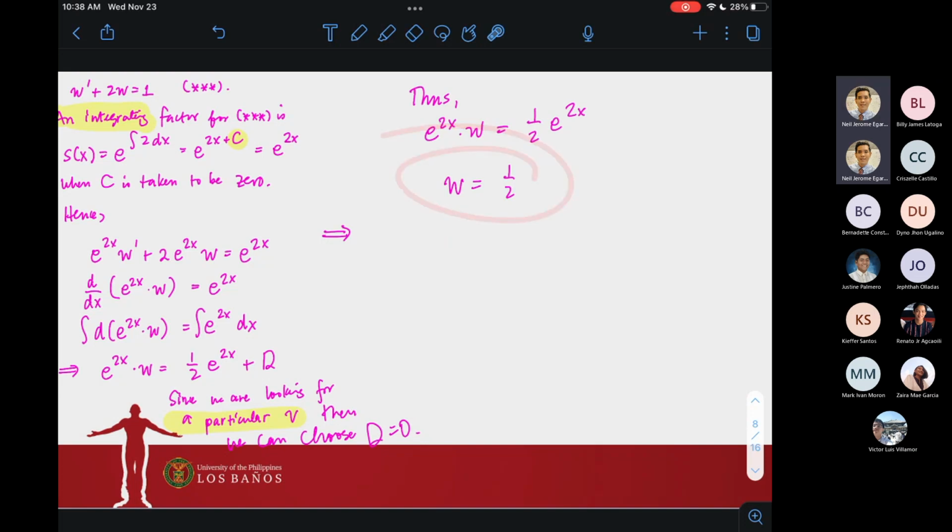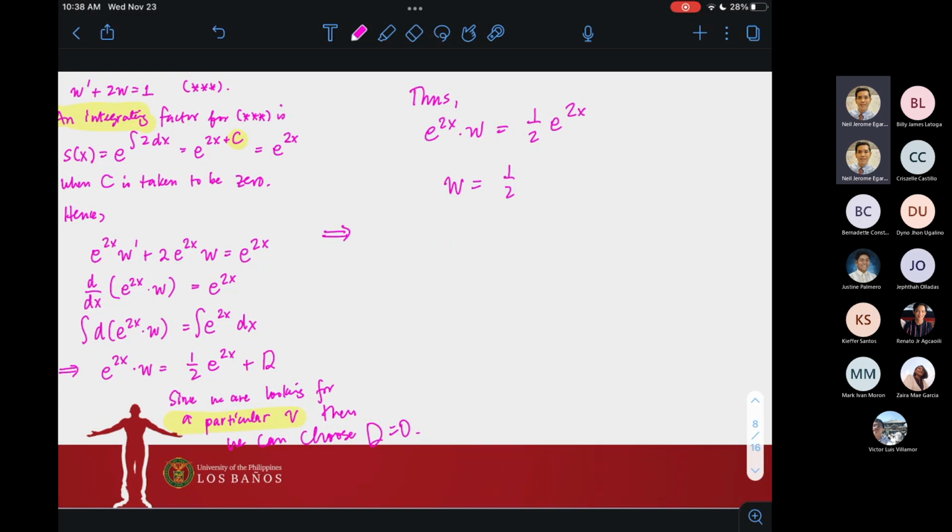Sana sinabi nyo na si w dapat ay 1/2 lang. Nagsimula na naman ako ng solution na mali. Ano? Kasi dinivide ko nga pala both sides by e to the 2x. So si w na lamang ay 1/2. Tama ba? W equals 1/2, no? Okay. Daya nyo, hindi nyo sinabi na may mali na ako doon. Buti na lang hindi familiar yung integral.